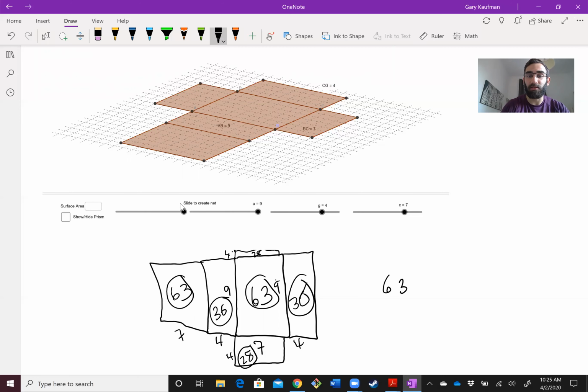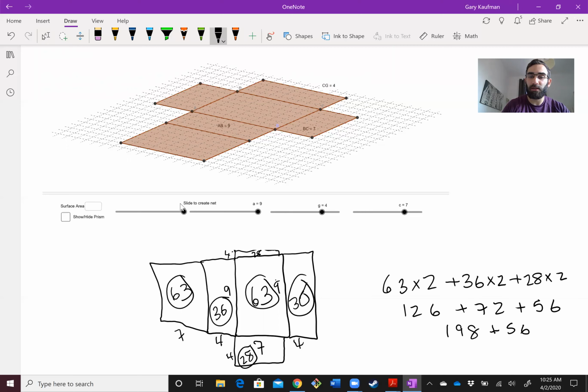So I can say 63 times 2, because there's 2 of them, plus 36 times 2, plus 28 times 2. 126 plus 72 plus 56, 198 plus 56, 254 units squared, because this is area.